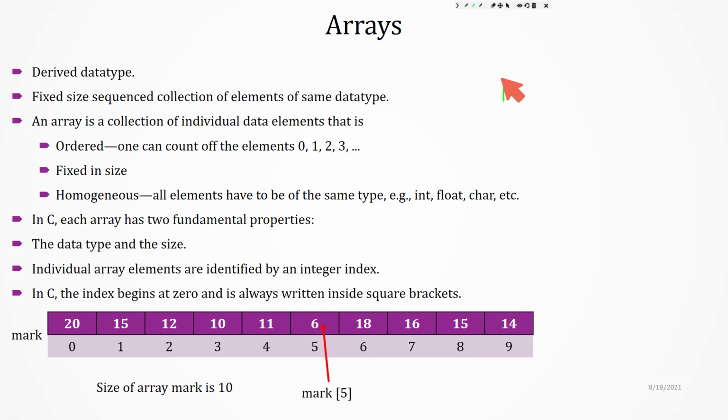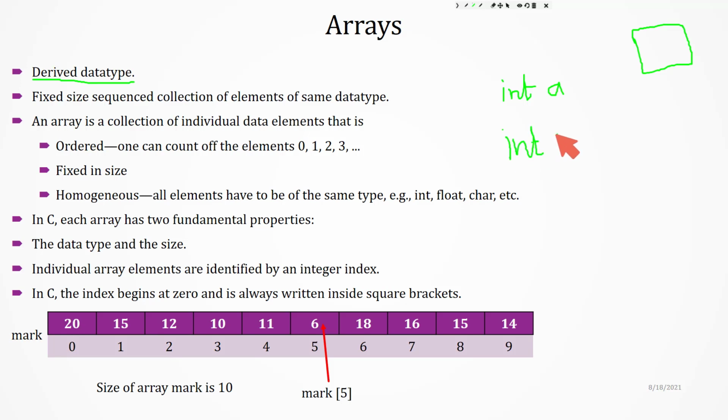Earlier, if I declare int a, some space will be allocated to store a single variable. Here, an array is a derived data type. Suppose I am declaring something like this; we will discuss the declaration in the next slide.